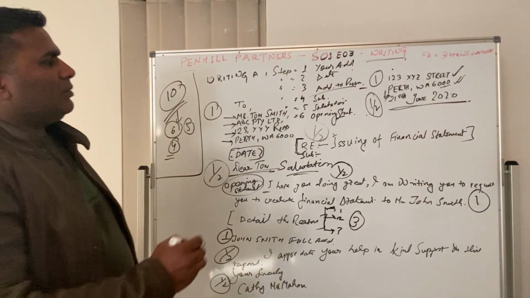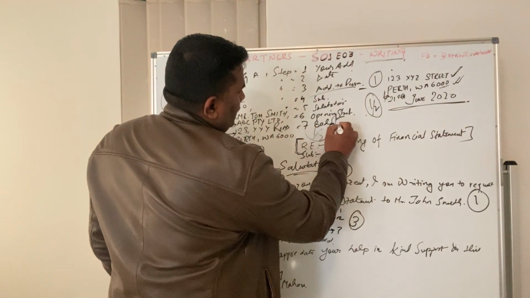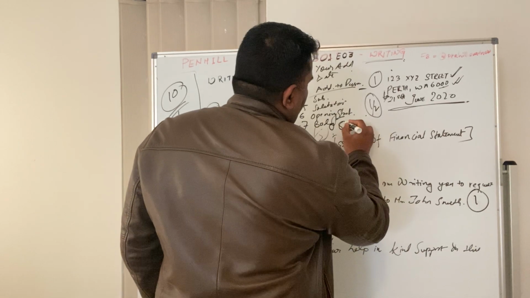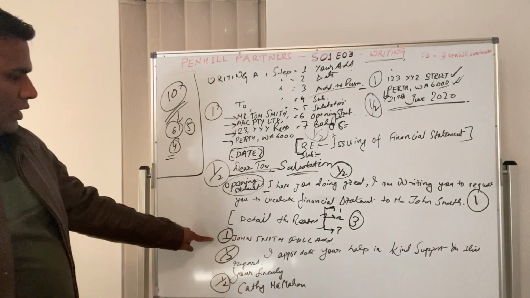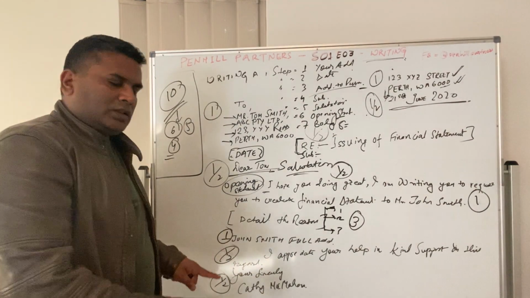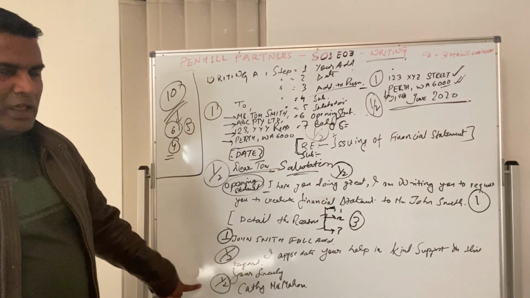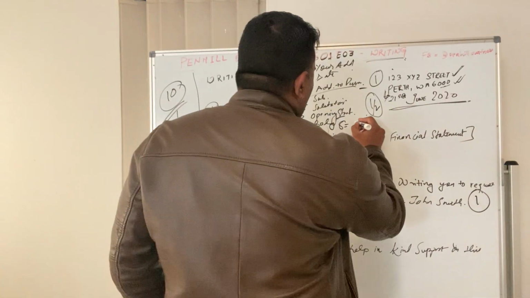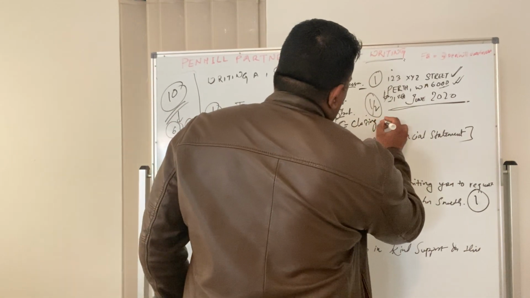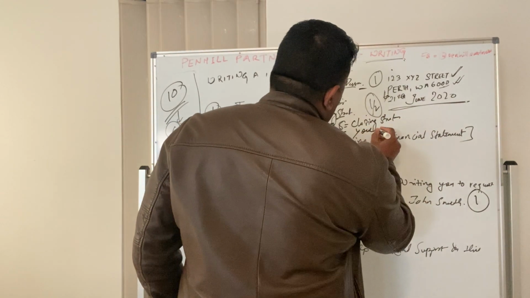Then step 7 is the body. Depending on the letter, you might not have the John Smith address in the letter, but step 8 is the closing statement, and step 9 is your signature.